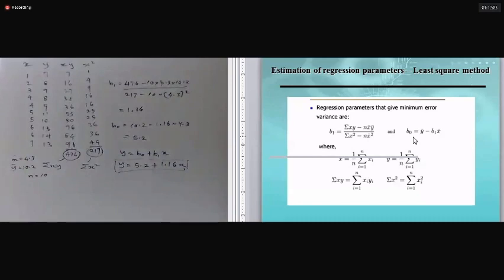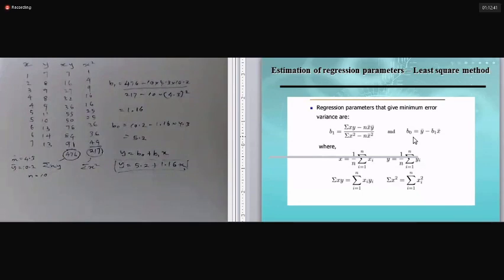That means we try to minimize the deviations. If we draw the line in that way, we get the best estimation of the equation of the line. This equation also represents a positive relationship because we get a positive value for B1. If we get a negative value for B1, that indicates that the relationship is negative.